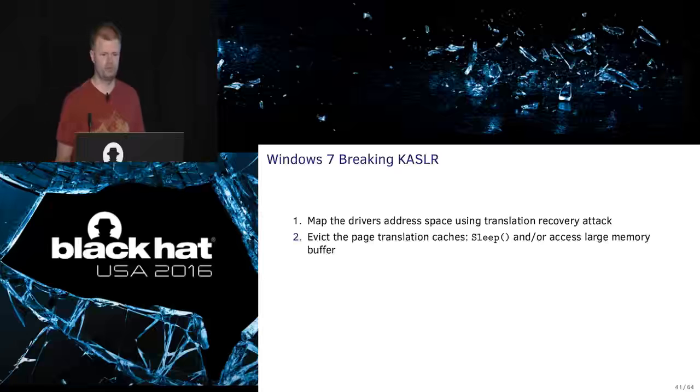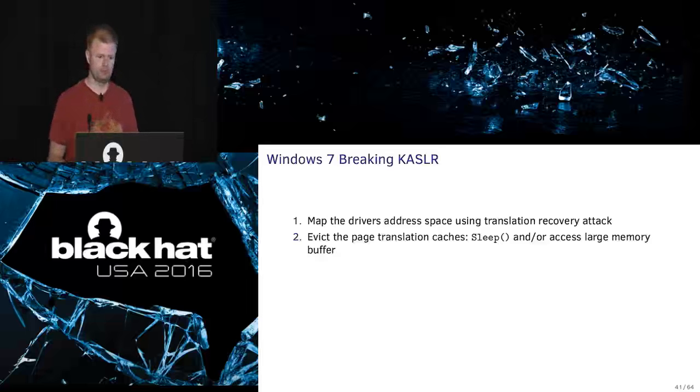The second step is we evict the page translation caches, and there are two different ways that we can do this. We can use a sleep API in Windows, which causes the current process to be swapped out and another process swapped in, and when we get swapped back in by the scheduler, typically we'll see that the translation cache has been cleared, and we can use that.